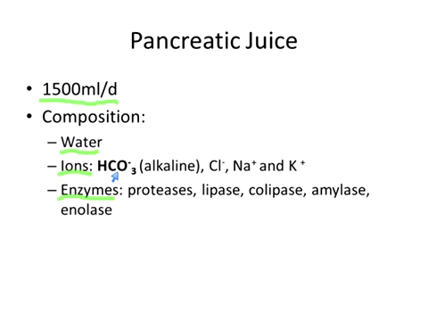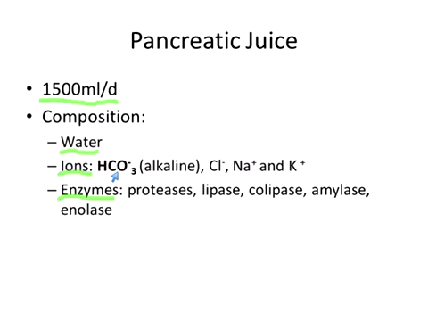The bicarbonate also helps to regulate the pH in this location where the pancreatic enzymes work. And as you'll recall, all enzymes have an optimal pH at which they operate.